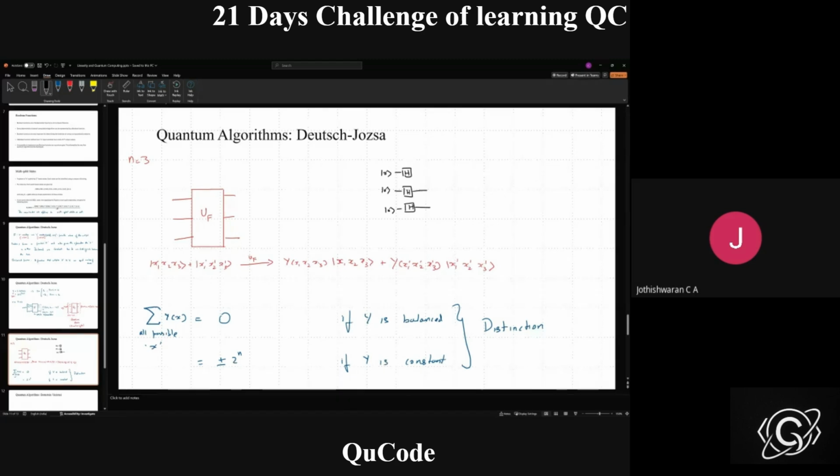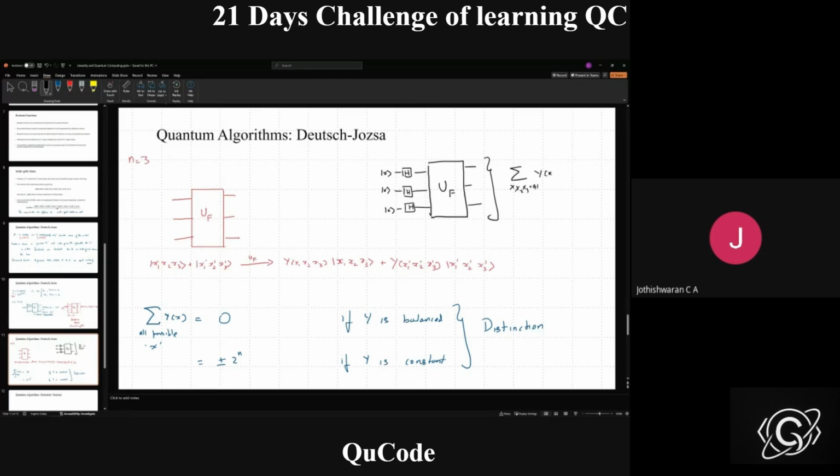And to this, I will pass the UF, the quantum oracle. So then on the output, what I will get is this. I will get sigma x1, x2, x3 all equal to 0, 1. So this will give me 8 possible values.